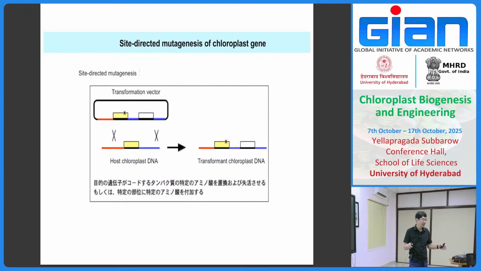Otherwise, the insertion of the AD cassette decreases the expression of this gene, so that affects accumulation of protein. So you need to find this position.